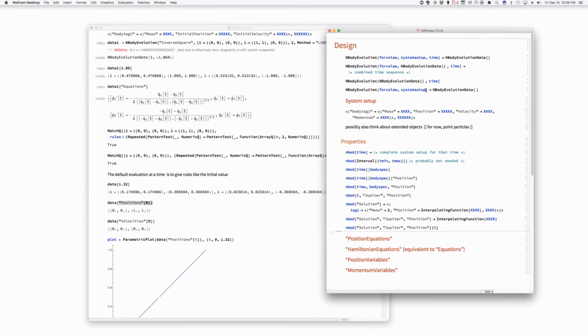Well, that would be sort of a post-processing thing for the evolution data. Presumably. Yes, but then how would one even do that? How would one keep only bodies within a particular region?